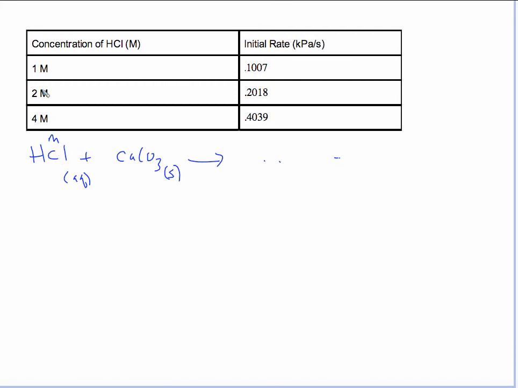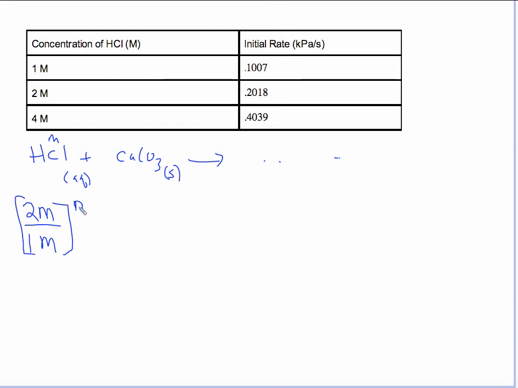So here's how you do it. You just pick any molarity, but the way I do it is always take the bigger number. So let's just pick the 2 molar one. We're going to take the 2 molar, divide that by a smaller one, 1 molar, and I'm going to put this in brackets to the power of a variable, we'll just call it n.